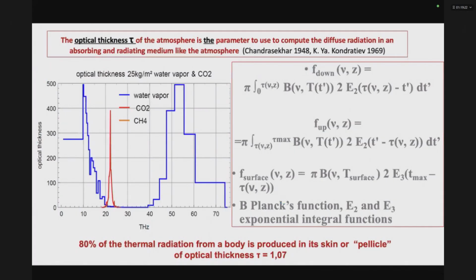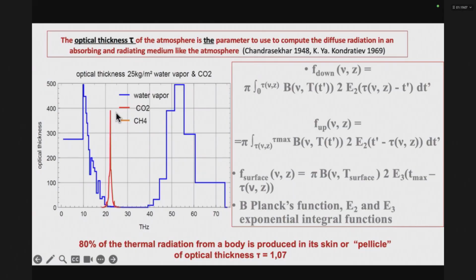To prove it, there were publications showing the optical thickness of CO2, which reads about 400, and the optical thickness of water vapor, which is 500.